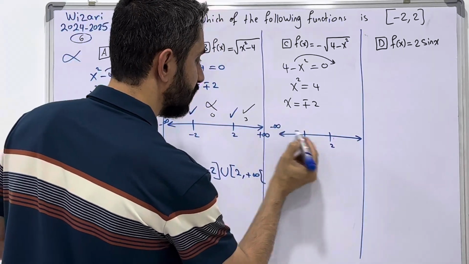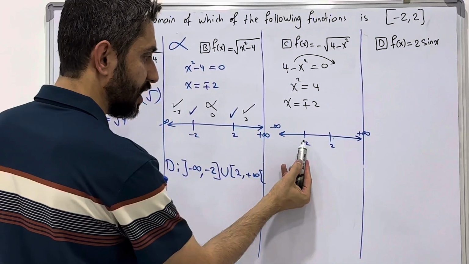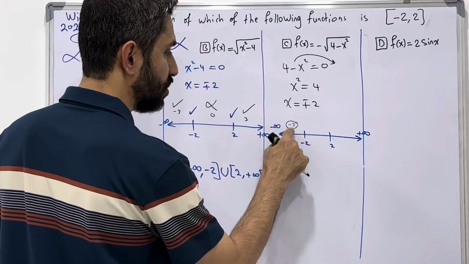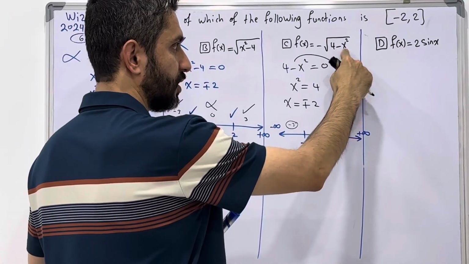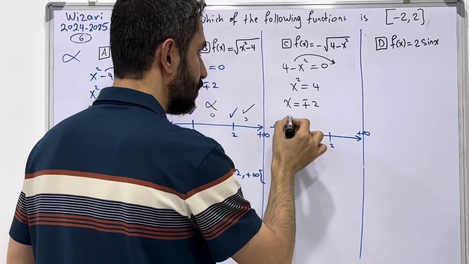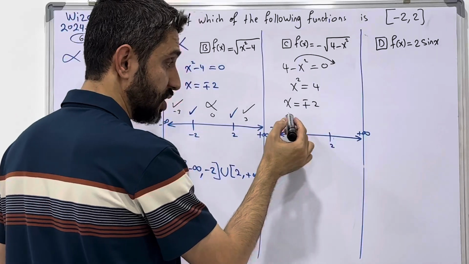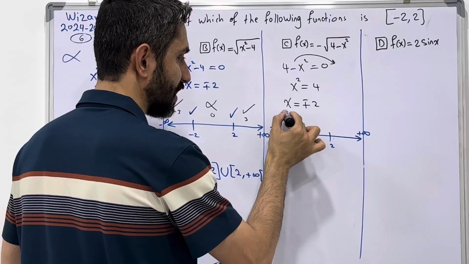This is negative infinity, this is positive infinity. A value less than negative 2 in this interval, we have negative 3. Put negative 3 here, negative 3 squared, positive 9. 4 minus 9, negative. So square root of a negative is undefined. So we have a point of discontinuity here, so this interval is not the domain.